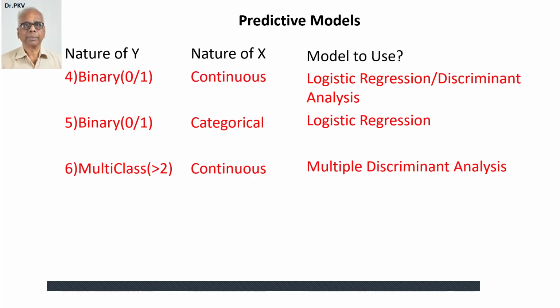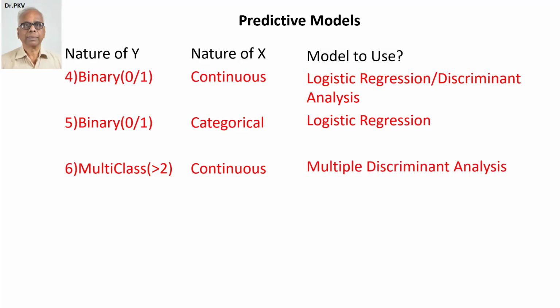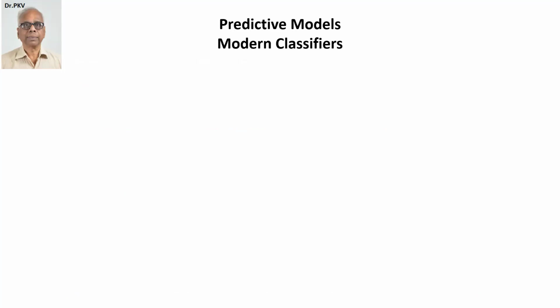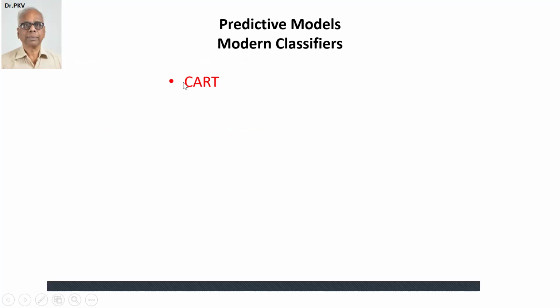But now in the modern dimension, we have modern classifiers, particularly when the target variable is a grouping variable of 0 or 1 type, or multi-class cases. The first one is CART, classification and regression tree.